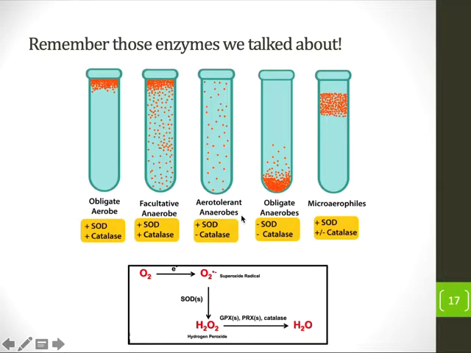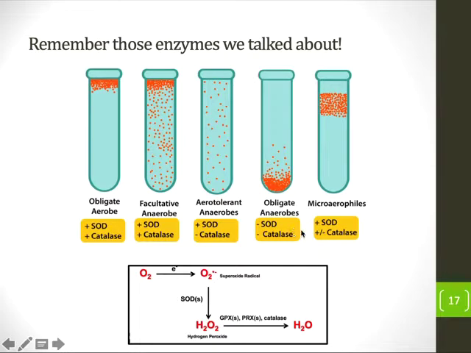For aerotolerant anaerobes, because they are indifferent to oxygen species, they only have one enzyme, the SOD, which will convert the reactive oxygen species to hydrogen peroxide.